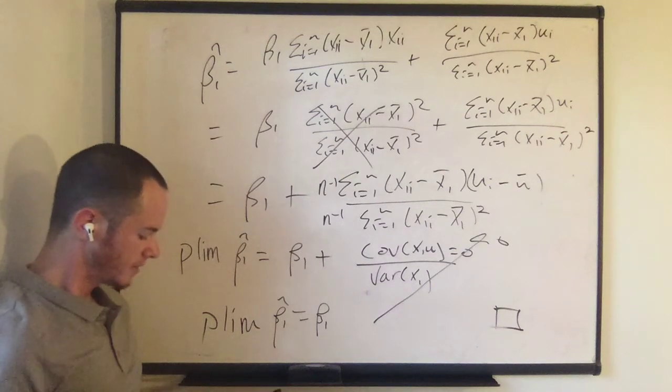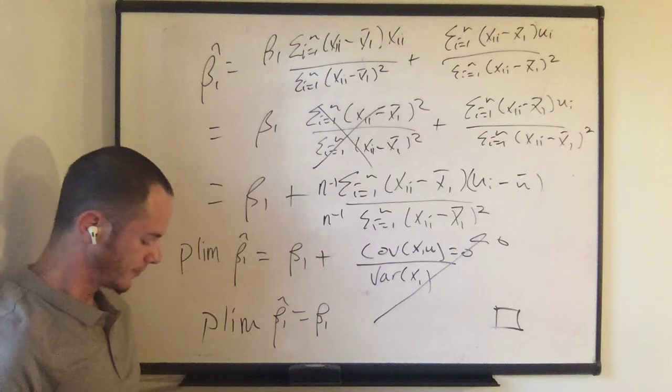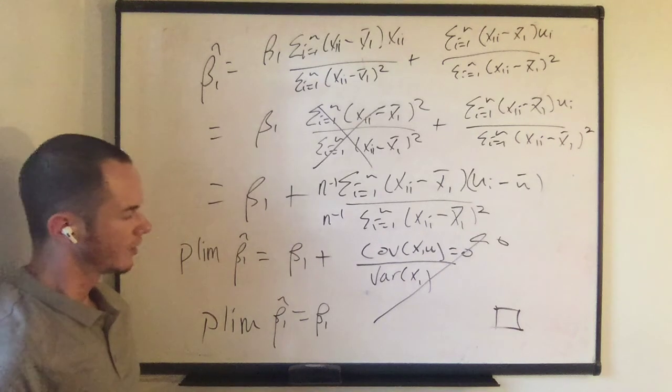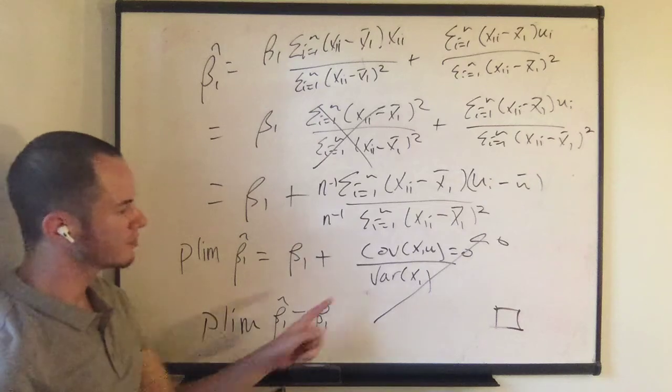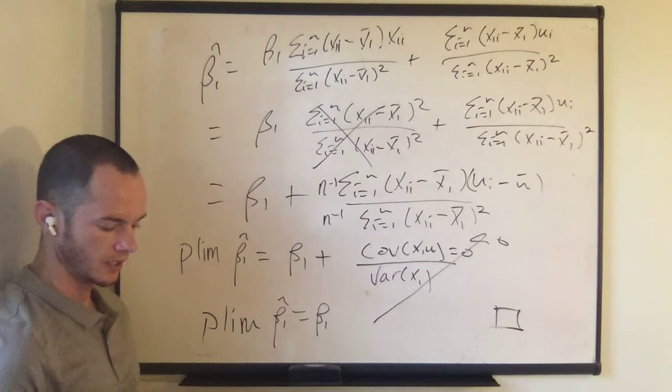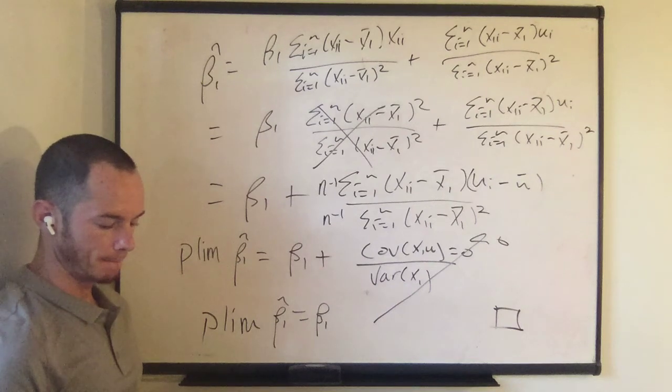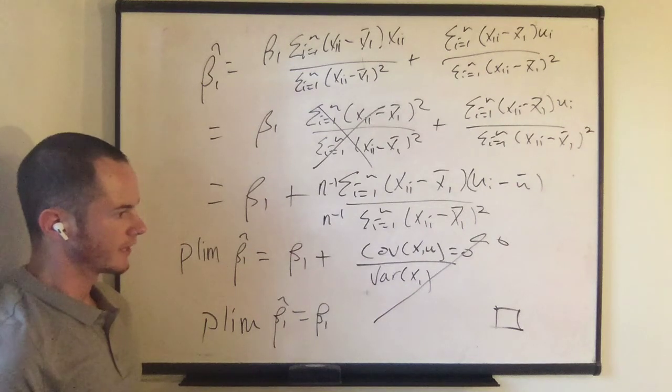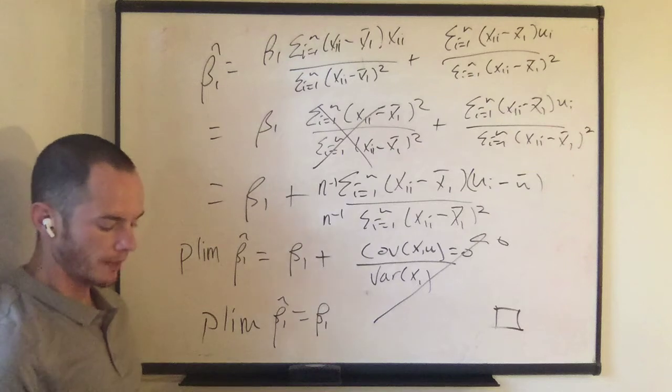And the variances must also be finite. We also must have that the variance of x is positive. But the variances must be finite.